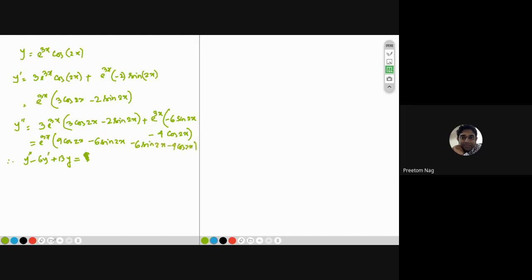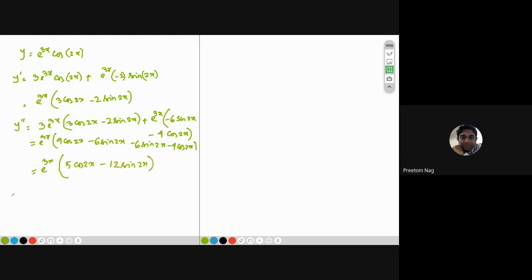It's better to simplify this part than try to find the result. So e to the power 3x, 9 cos 2x minus 4 cos 2x is 5 cos 2x minus 12 sin 2x, right?